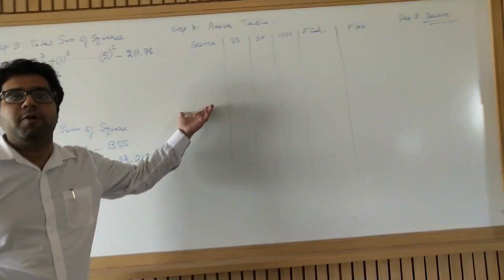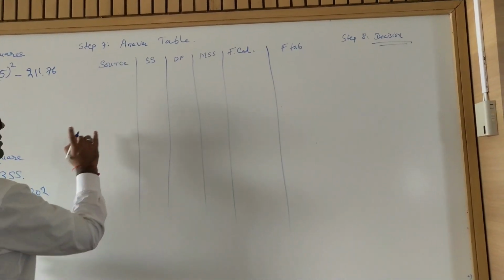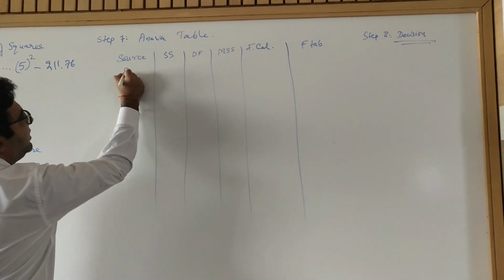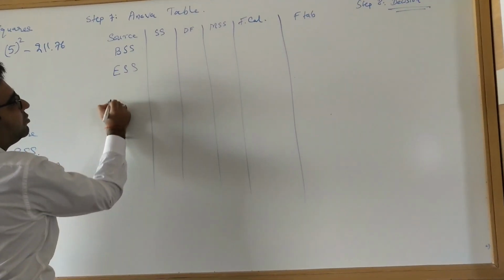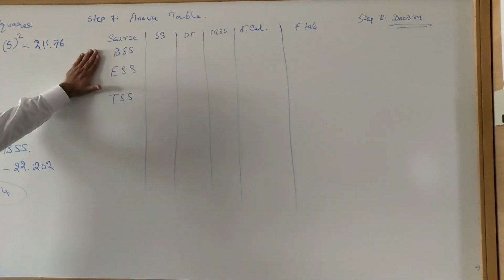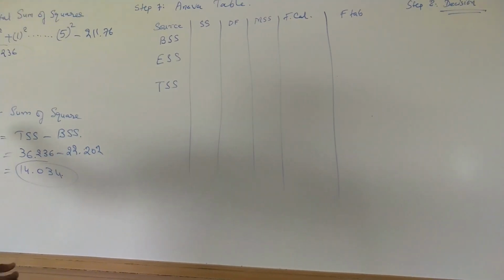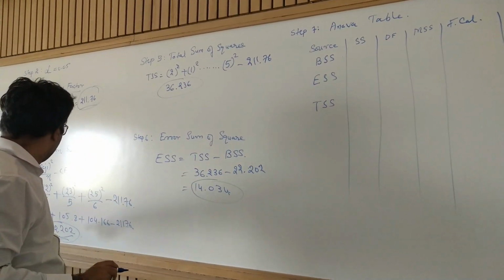So now our next step is to prepare the ANOVA table. See how to prepare it. You first need to write between sum of square, error sum of square, and total sum of square. Then we just need to put the values in the table.